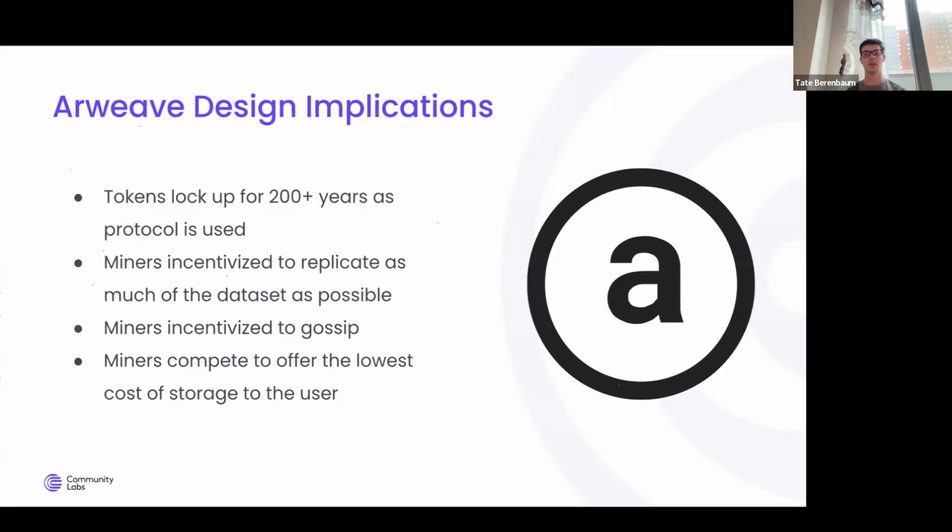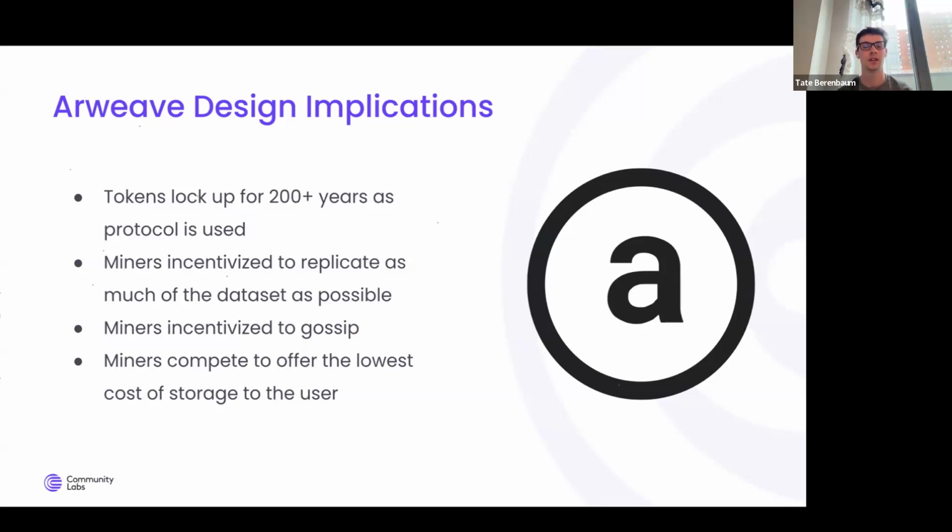And similar to BitTorrent, as a miner, you're also incentivized to gossip with other miners. You're incentivized to share information and share data and to collaborate so that you can optimize the chances that everyone will be able to earn a reward when a new block is produced.